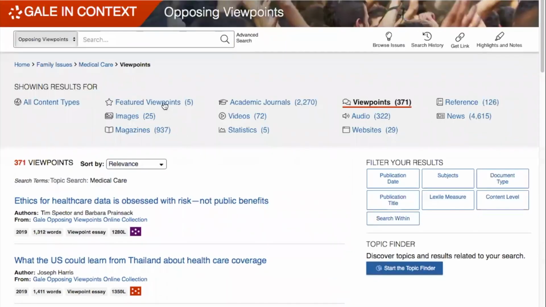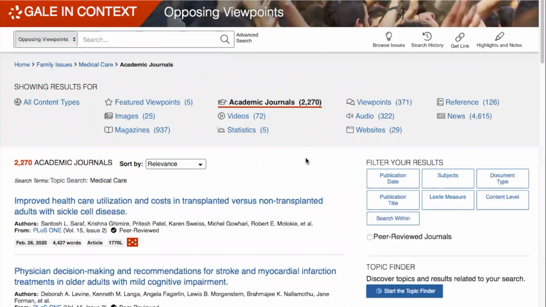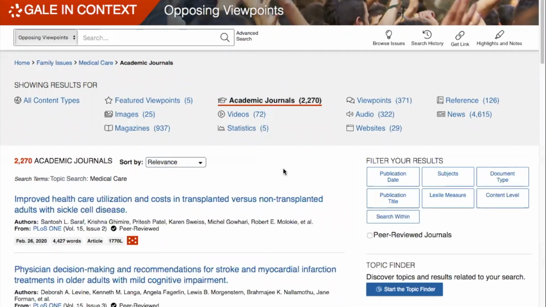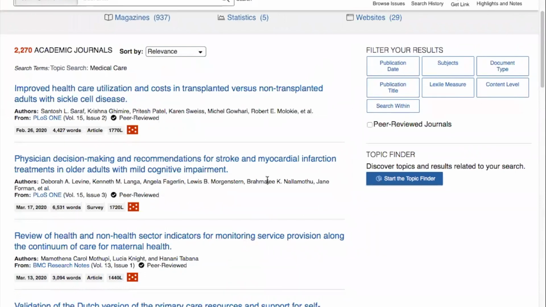Now, another thing they have in here besides viewpoints is a selection of academic journals on this particular topic that may or may not be useful to you. So this is different than when we're searching for journal articles over in, let's say, Academic Search Complete, but this could be useful too.